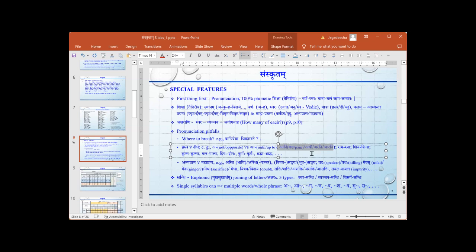Another similar sounding word is Arthi. Arthi is one who is desirous of something. Okay, like Vidyarthi, one who desires knowledge or education. Moksharthi, one who desires moksha. So arthi is the one who is desirous.